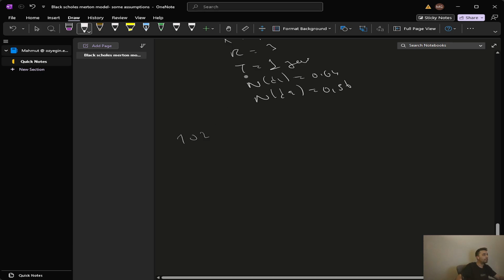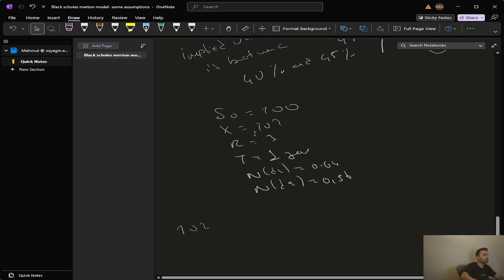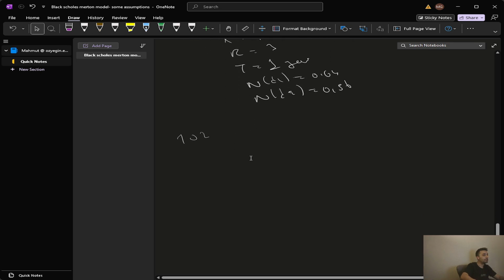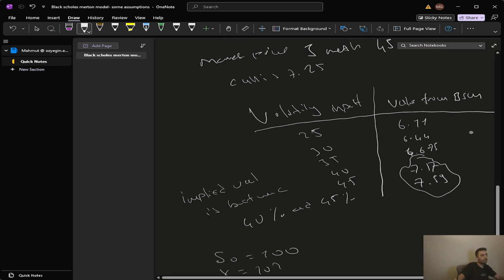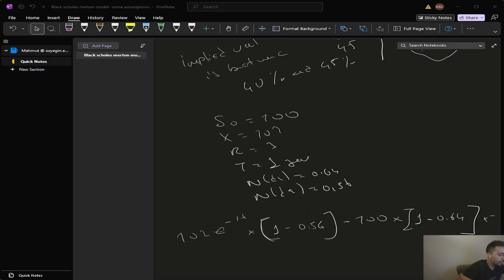Okay, so this is spot. Then the strike times e to the minus rT, which is the present value of the strike price. I already mentioned it: minus the probability, times 0.56.